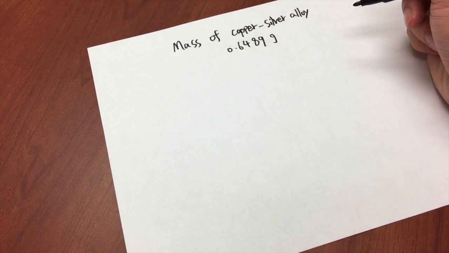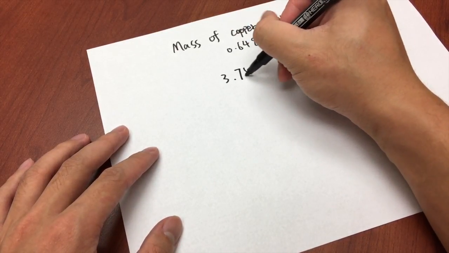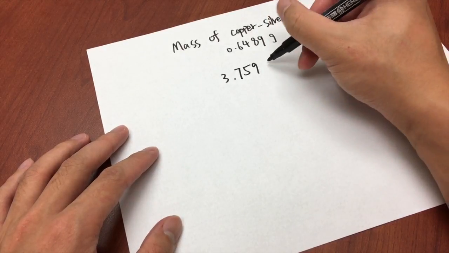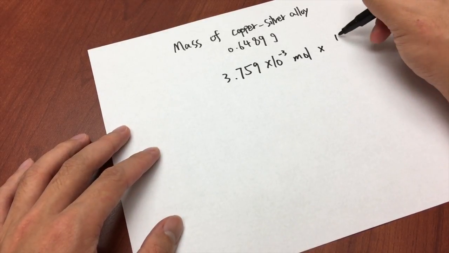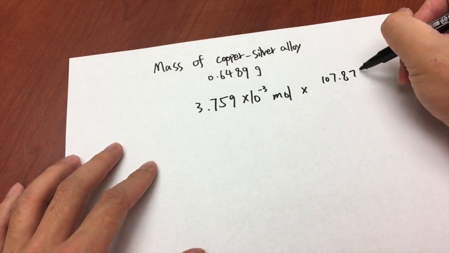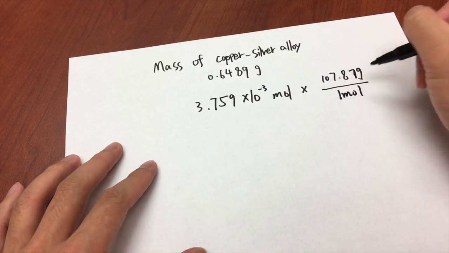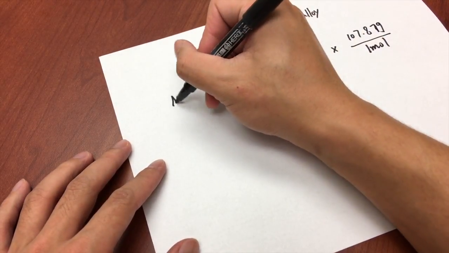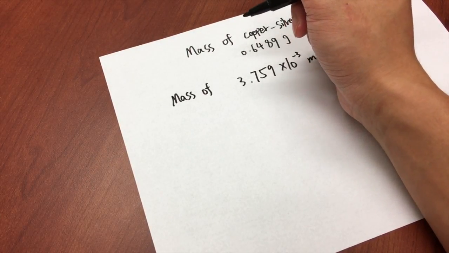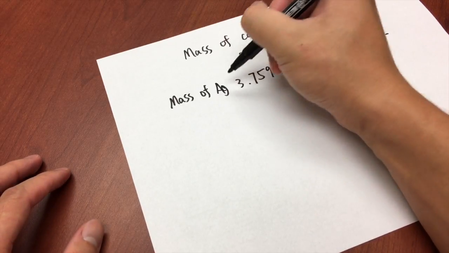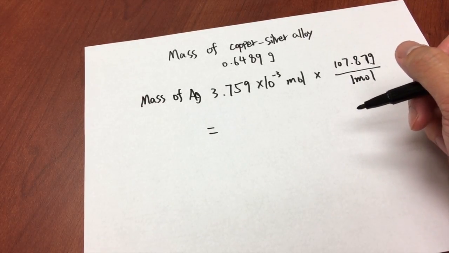And from the last question, question B, we got the moles of Ag, which is 3.75 times 10 to the negative 3 mole. So we can get the mass of silver, the moles of silver times the molar mass of silver, 107.87 grams over 1 mole. So it is equal to 0.4055 grams.